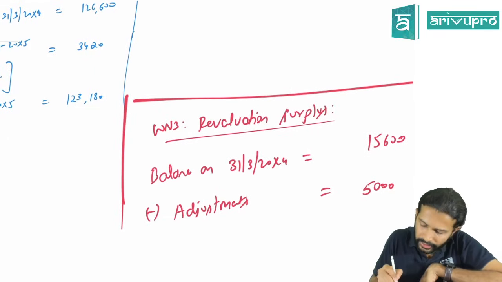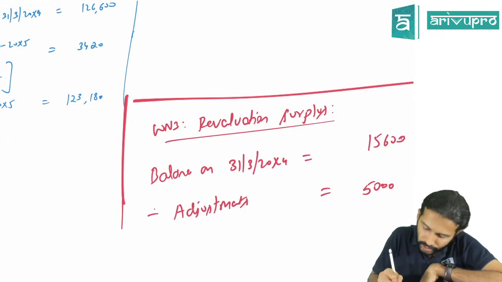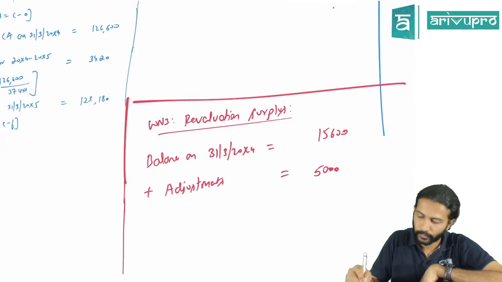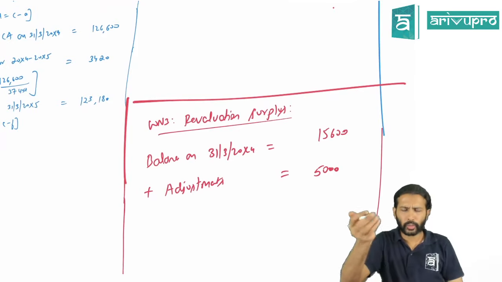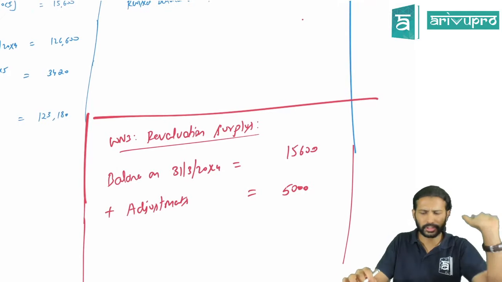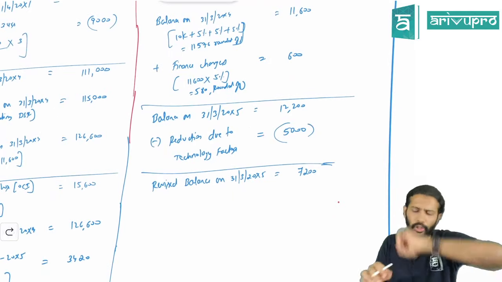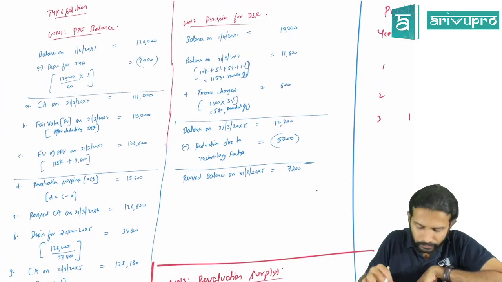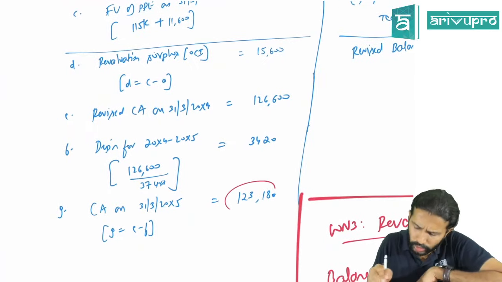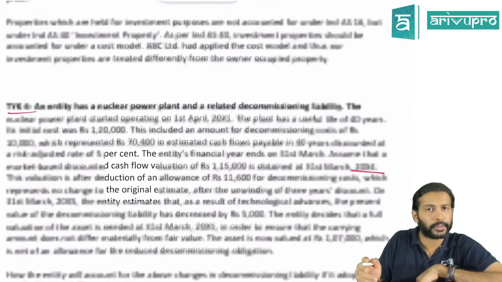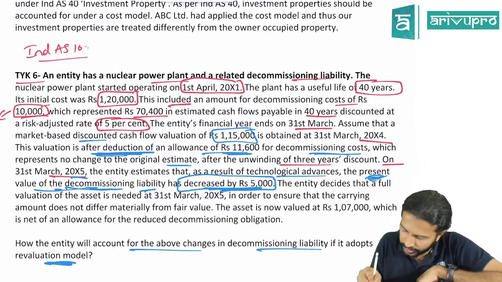So should I write minus or plus? I should write plus, yes. So I should write plus 5,000 rupees over here. So this is the impact. There's one more adjustment, so I'll not write the total now. This reduction in DSR, they've adjusted with revaluation surplus. So far, fine. After this adjustment, I found out the carrying amount of PPE and provision for DSR. Let's see, one more last adjustment is there.